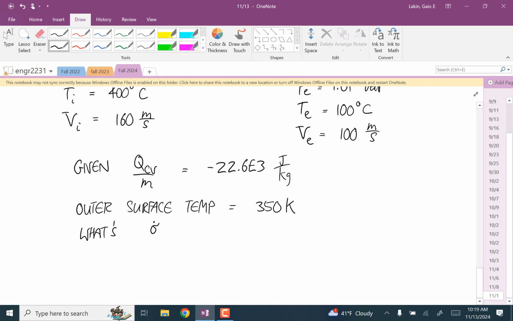What's the rate of entropy production over the mass flow rate?